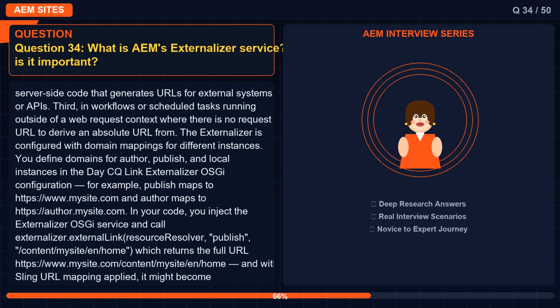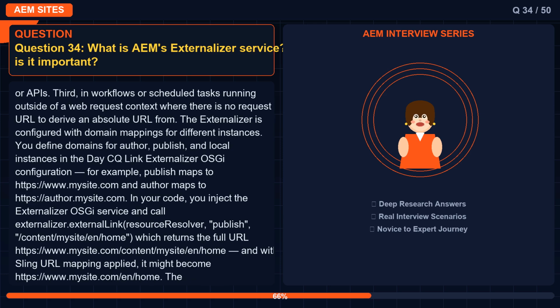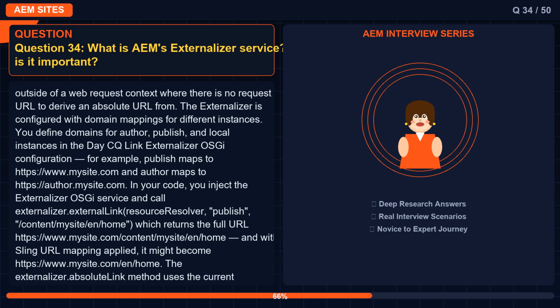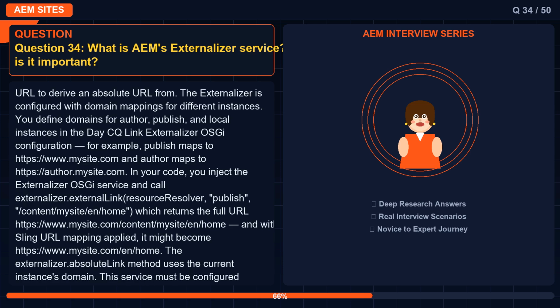The Externalizer is configured with domain mappings for different instances. You define domains for author, publish, and local instances in the Day CQ Link Externalizer OSGi configuration. For example, publish maps to https://www.mysite.com and author maps to https://author.mysite.com.